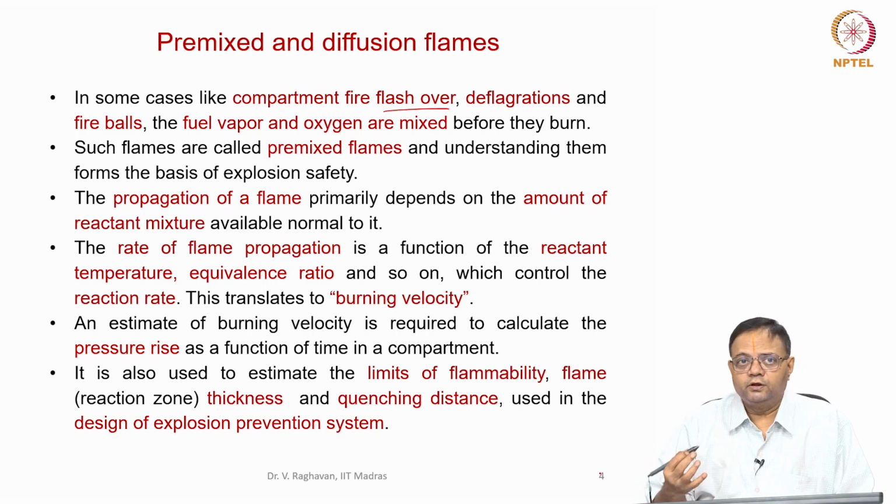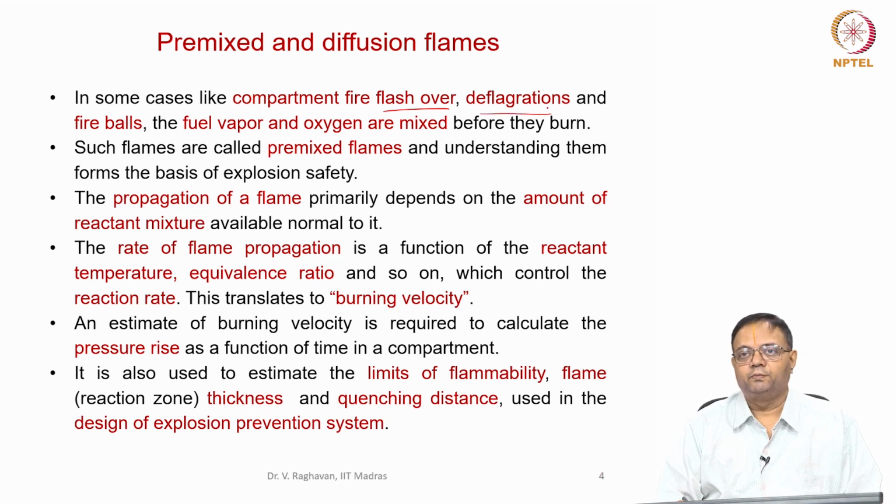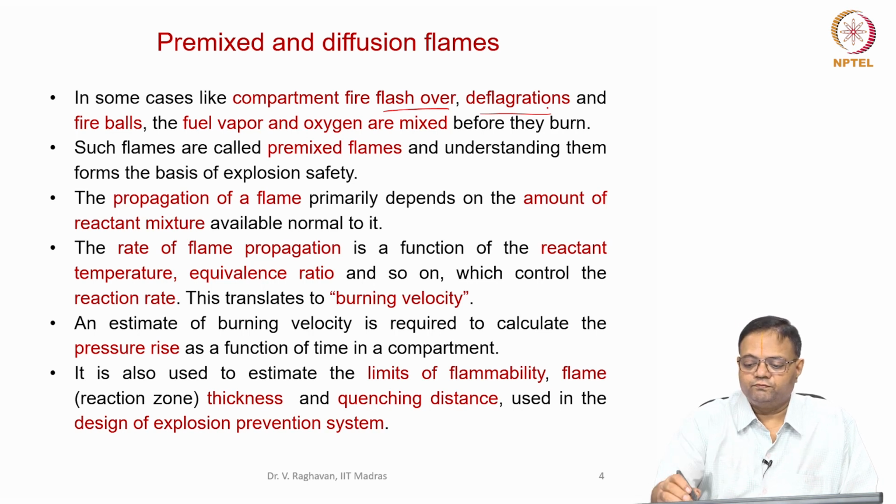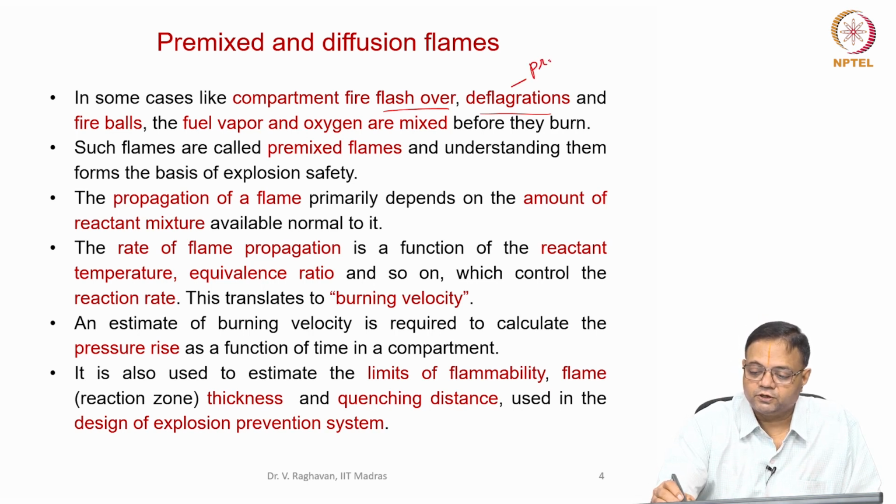Now, it can happen that the fuel vapors released from the second commodity premix with the air, and deflagrations can occur. That means the premixed reactant in the next commodity can be ignited and deflagration can occur. So, this deflagration is a premixed combustion.